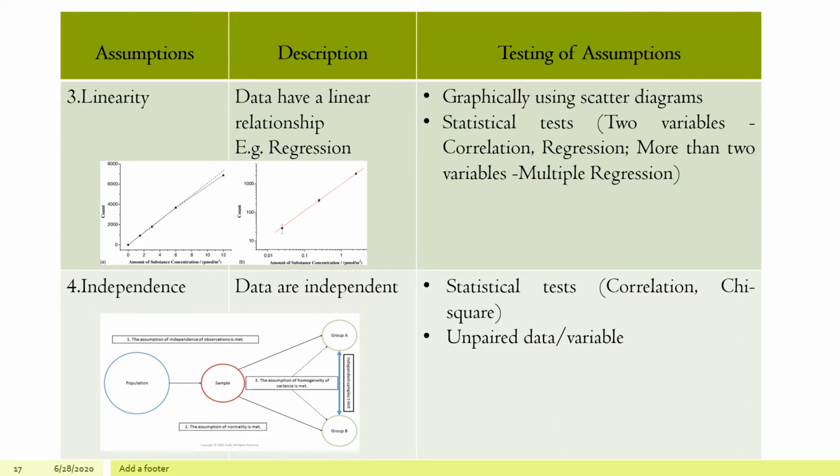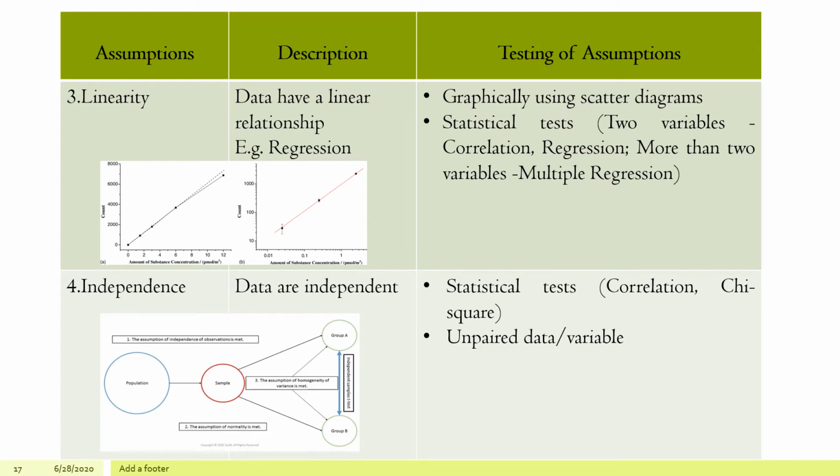Coming to the third assumption, that is linearity. This is for correlation. Here the data have a linear relationship, that is, the independent and dependent data have a linear relationship. Graphically, use a scatter diagram, or a statistical test: two-variable correlation or regression. For more than two variables, we have to use multiple regression.